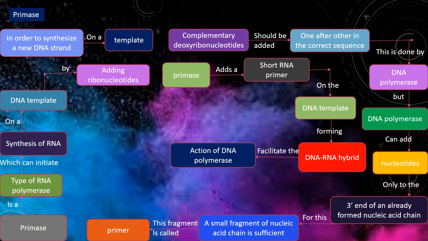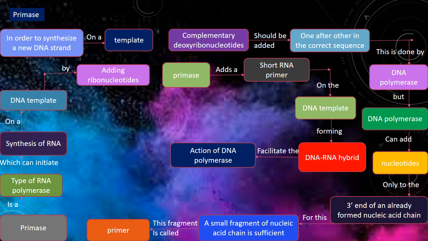But DNA polymerase can add nucleotides only to the 3' end of an already formed nucleic acid chain. For this, a small fragment of nucleic acid chain is sufficient. This fragment is called primer.